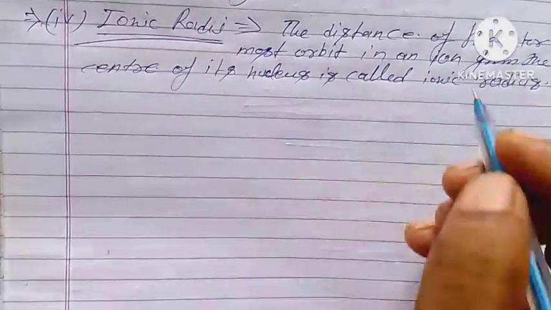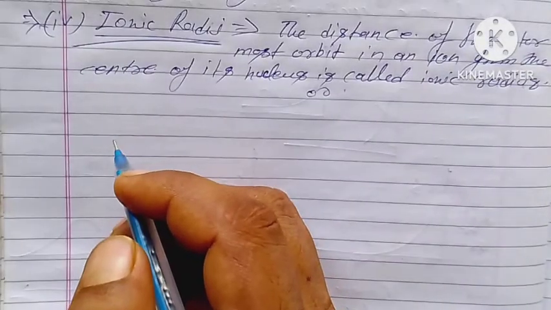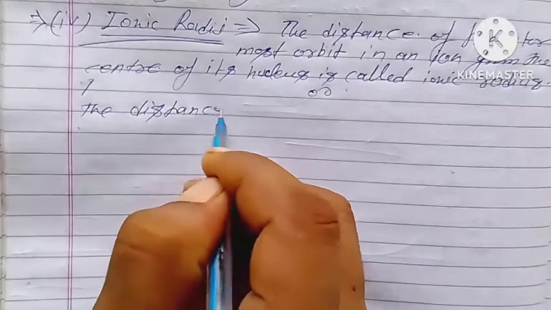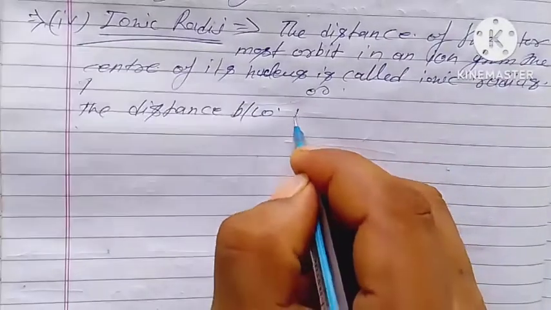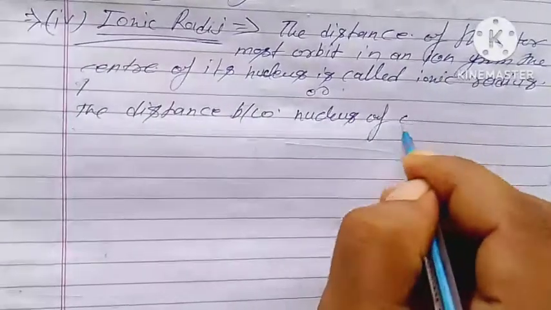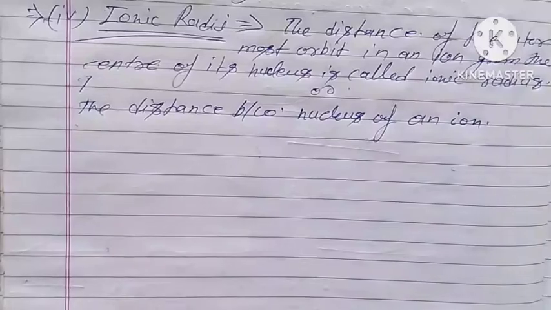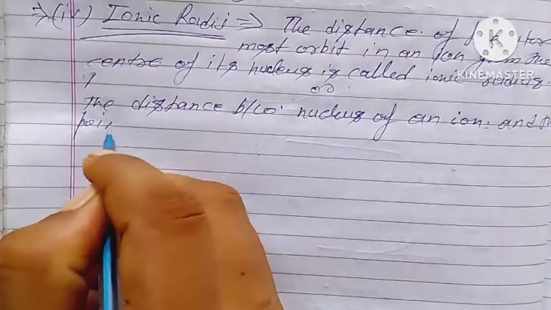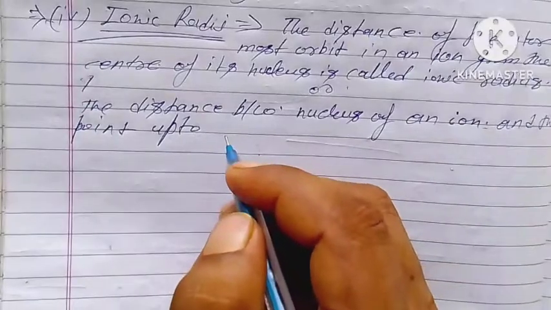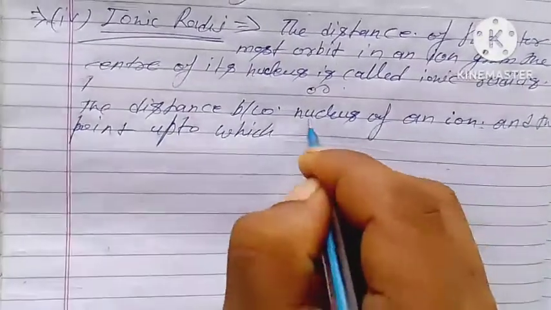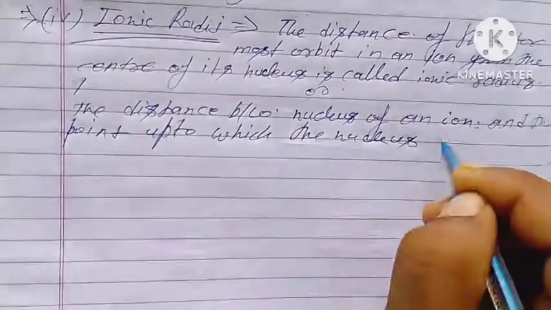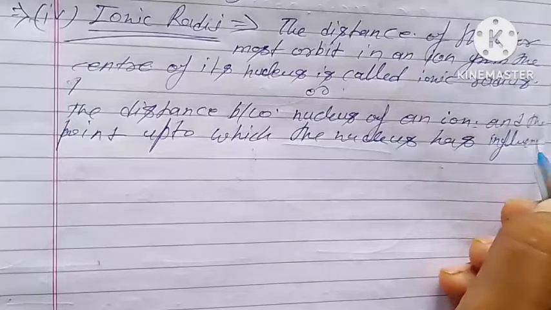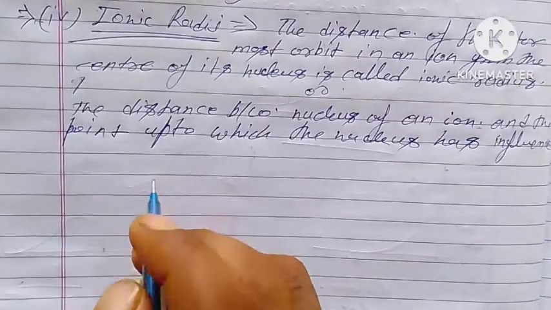Ionic radius R. The distance between the nucleus of an ion and the point up to which the nucleus has influence on its electron cloud.